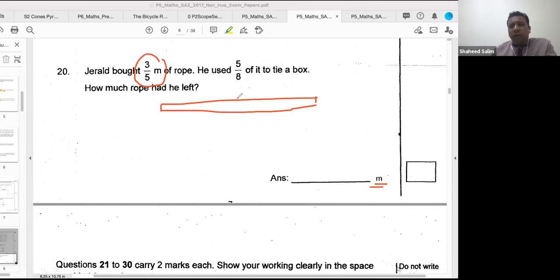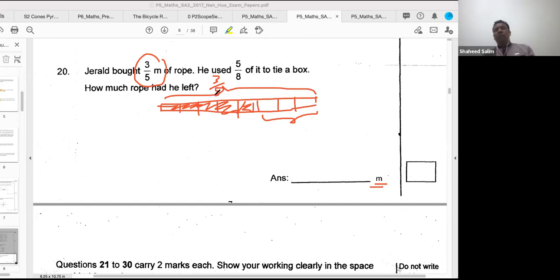Now we have to divide into 8 parts. I do this so that you understand what they are saying. 8 parts. And then what happened? He used 5 parts: 1, 2, 3, 4, 5. How many parts left? 3 parts left. But you cannot say 3 meters. No, you cannot. The whole thing is 3/5 meters.